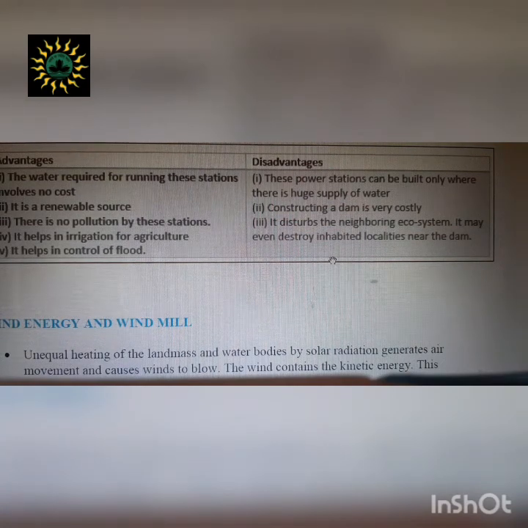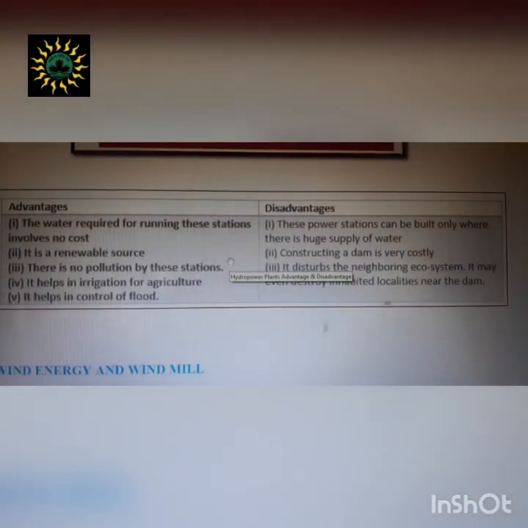Suppose in a hilly area I construct this kind of dam, then basically what will happen? The dam prevents the flood. Now what happens, basically because of the lack of water, the soil doesn't get sufficient nutrients. Or suppose where the reservoir is constructed, the animals or plants don't get sufficient oxygen. So in the absence of oxygen, ultimately they are destroyed, and they generate the very harmful gas methane, which is also a greenhouse gas.